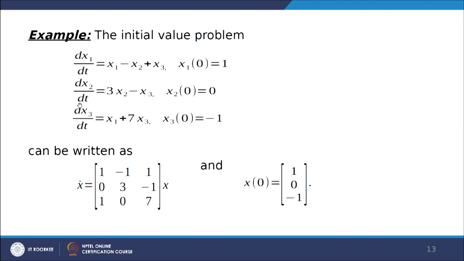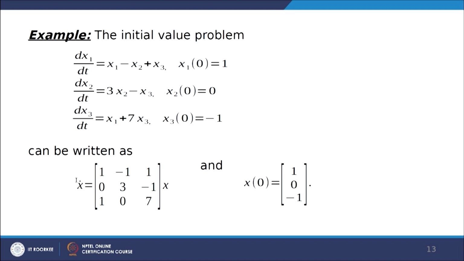Now, as in the previous example, here also if you take x(t) to be the vector valued function having components x1(t), x2(t), x3(t), then the left hand side of this system of equations is x dot(t), because x dot(t) is dx1 by dt, dx2 by dt, dx3 by dt.